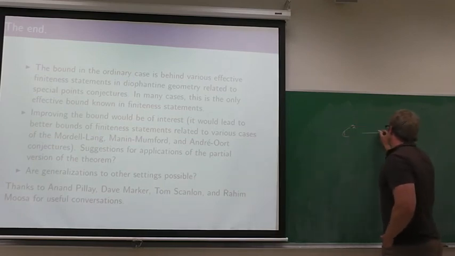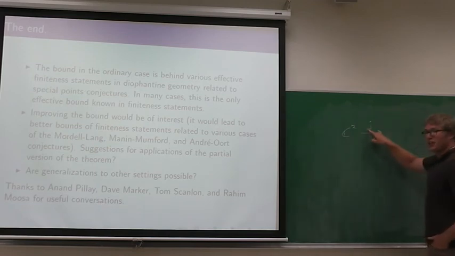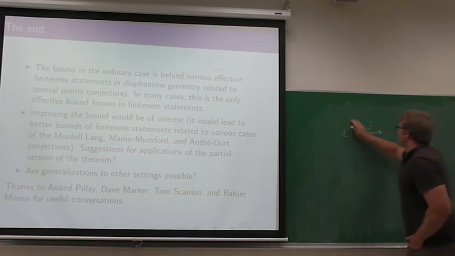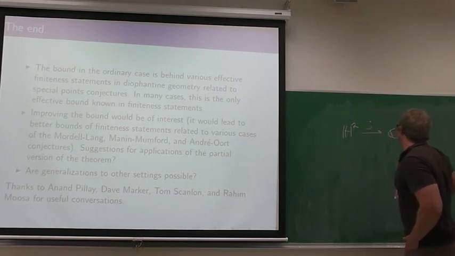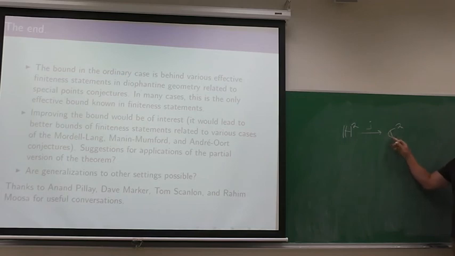wanted to look at, so I'm taking the J function on each coordinate. Now, suppose that you wanted to impose some sort of algebraic relations on the images over here. That's more or less what things like the André-Oort conjecture are about.